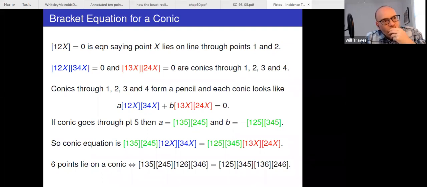So think of it this way. If you write down a general conic, it's got 6 terms, right? The 3 x squared, y squared, z squared, and then all the cross terms, xy, xz, yz. You've got 6 terms in it. And any time you plug in a point and force that conic to go through that particular point, you're going to produce a linear equation on the coefficients of the conic. You're going to constrain the conic in some way, and so you get a linear constraint.